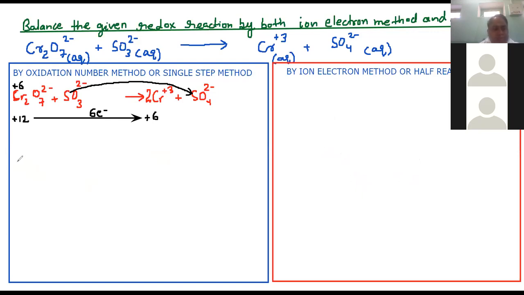Now, this is sulfur. Let it be x minus 6 is equal to minus 2. So x will be equal to 6 minus 2 equal to plus 4. So it is from plus 4 to this, which will become x minus 8 is equal to minus 2. So x is equal to 8 minus 2 equal to plus 6.